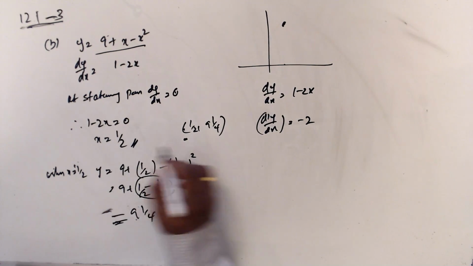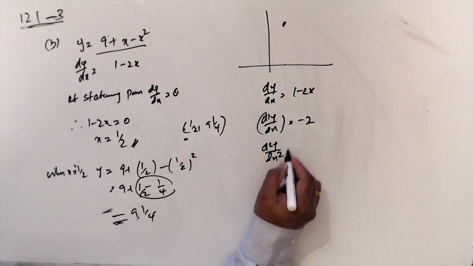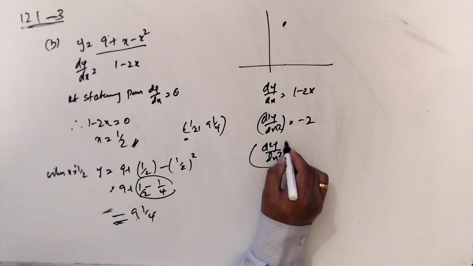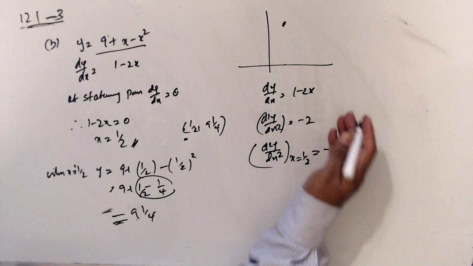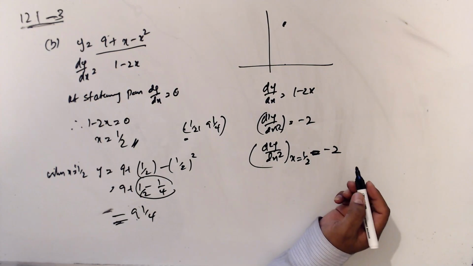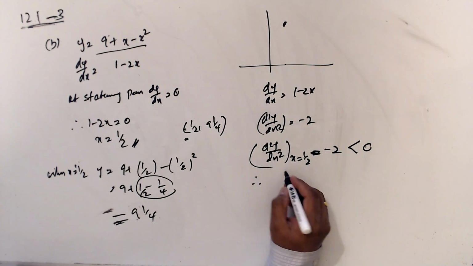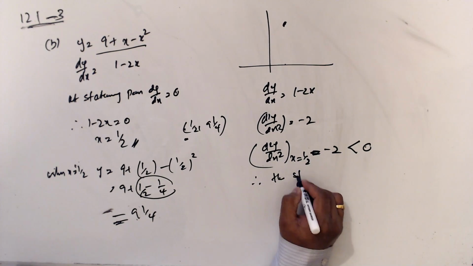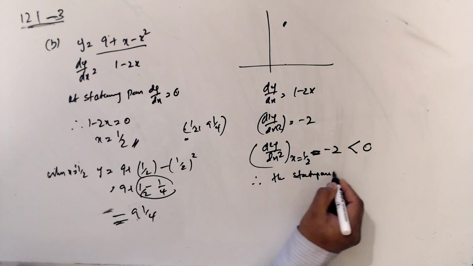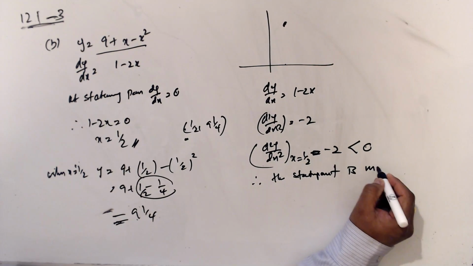Hence at x equal half, d squared y over dx squared is still minus 2. There is no value to substitute, which is less than 0. Hence the stationary point is a maximum.